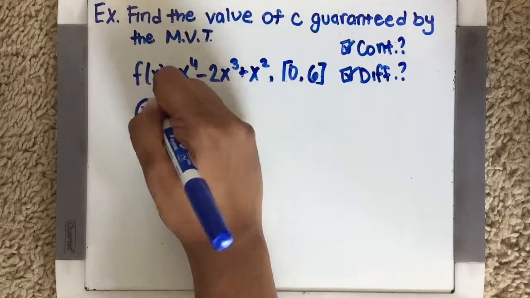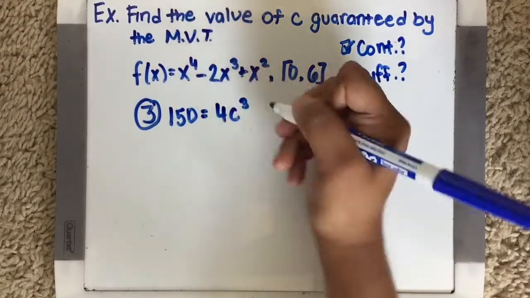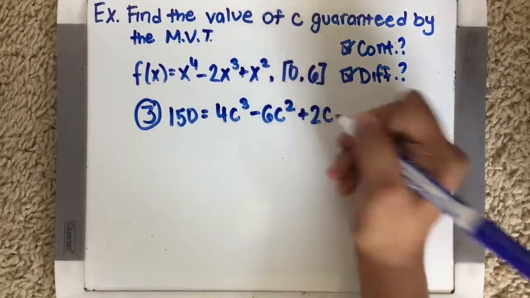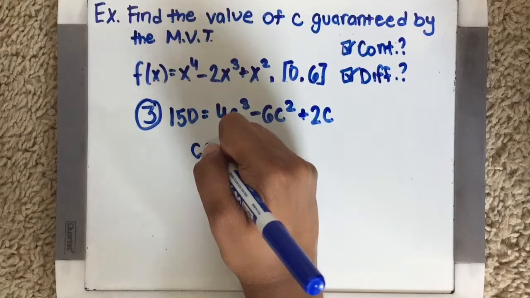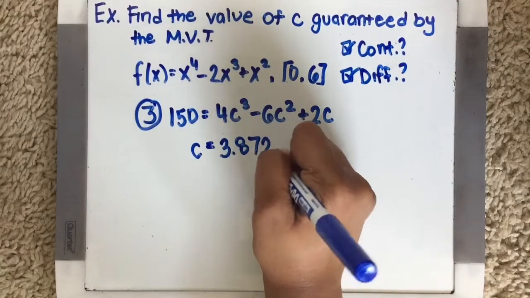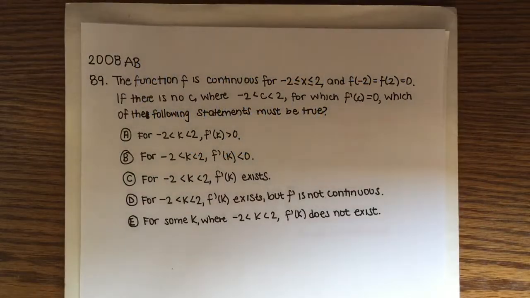When we set f prime at c equal to 150, which in this case is 150 equals 4c cubed minus 6c squared plus 2c, we get that c equals 3.872 by using a graphing calculator. And that's our answer. Let's try an AP problem.